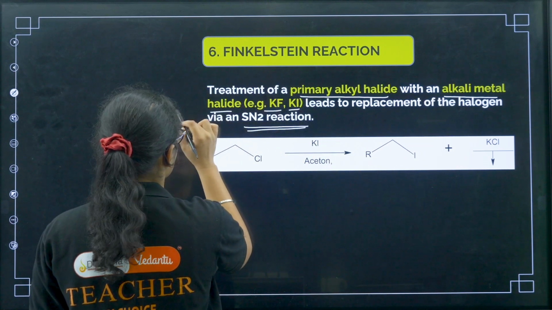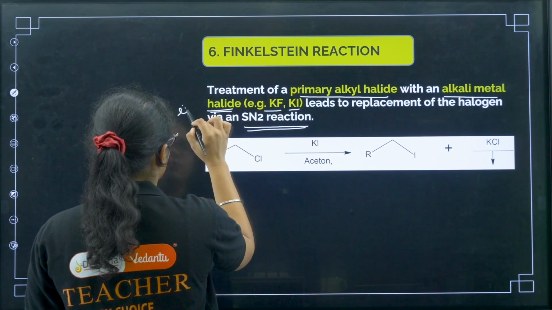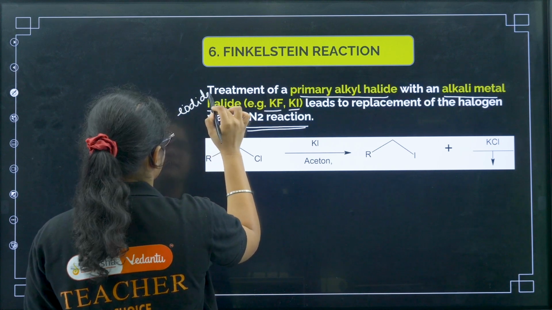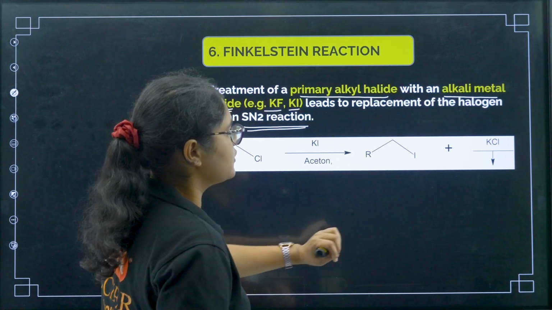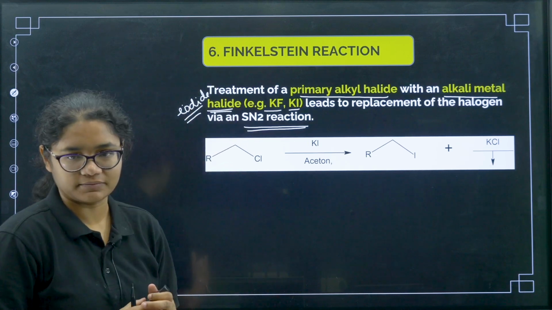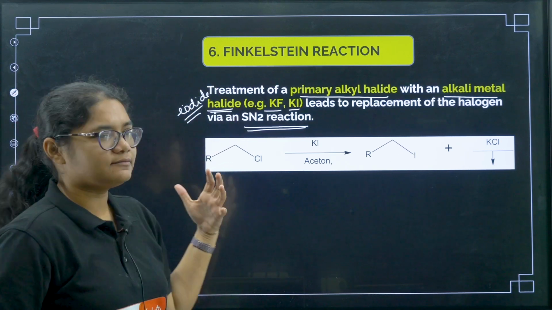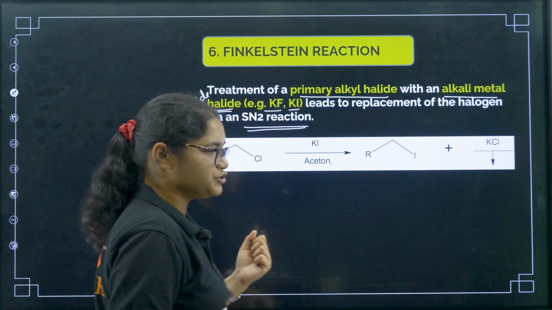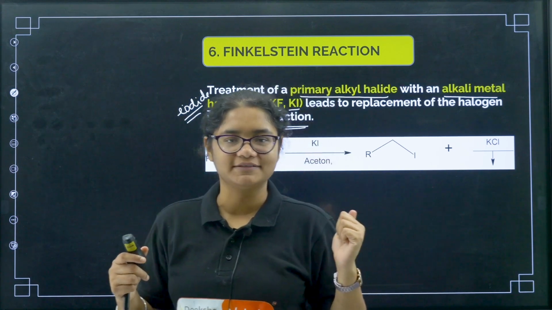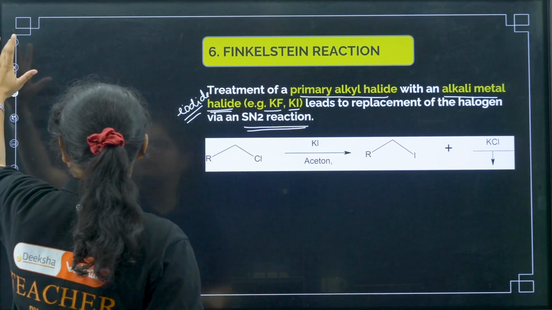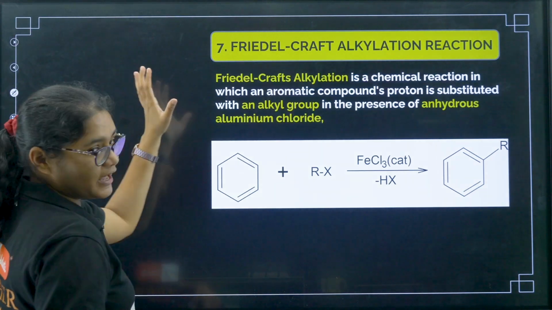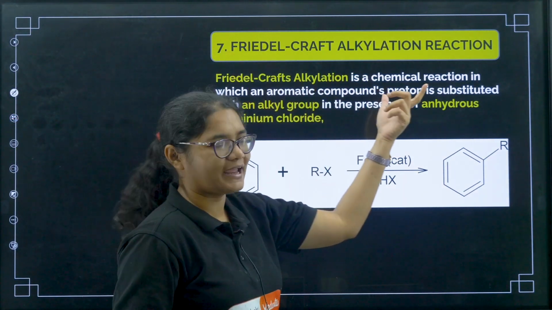Generally, if you write iodide, that is more relevant, because it is used for the synthesis of iodides. So that is your Finkelstein reaction. Next we have G. Anything you can remember from G? Can you quickly guess and put in the comment section? I have already got a reaction from G. Okay, we have one more F reaction, Friedel-Crafts alkylation reaction.